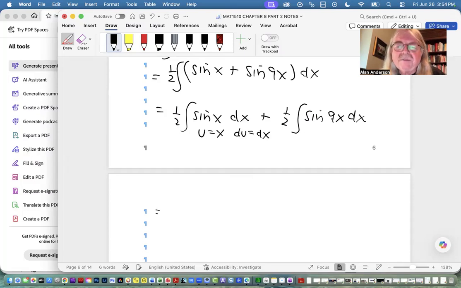Over here, see, the problem is over here, we need to supply a constant. If you let u equal 9x, then the du would be 9 dx, which we don't have. All right, now we're getting somewhere.